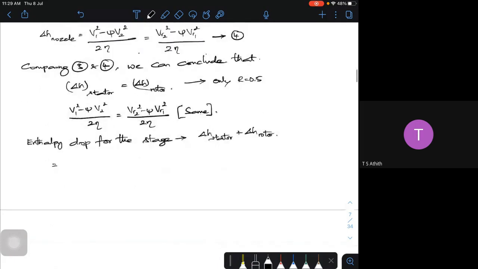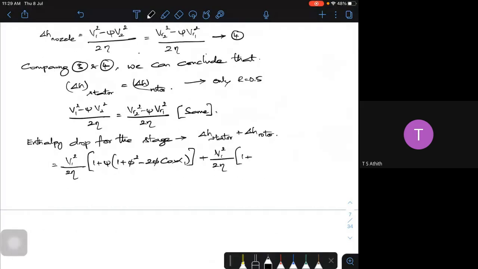So I can write this as V1 square by 2 times efficiency into 1 minus psi into 1 plus phi square minus 2 phi cos alpha 1. This is for the stator, and both are the same, so I'm writing it 2 times.